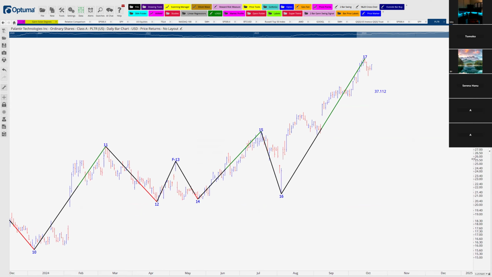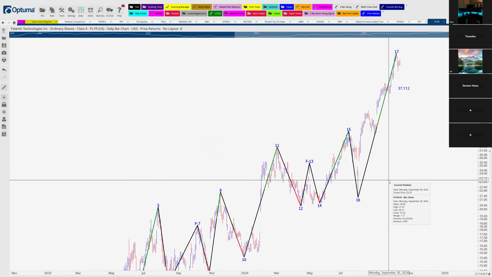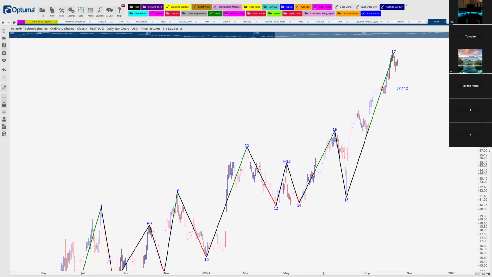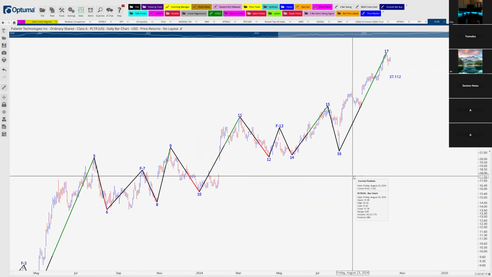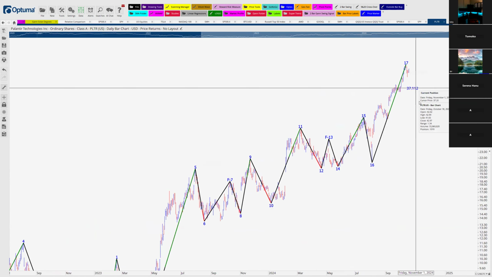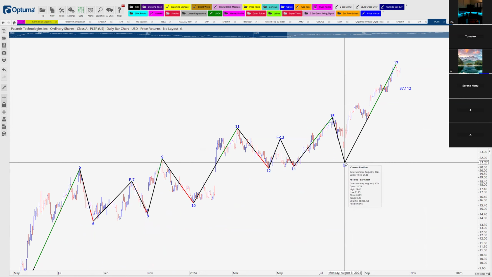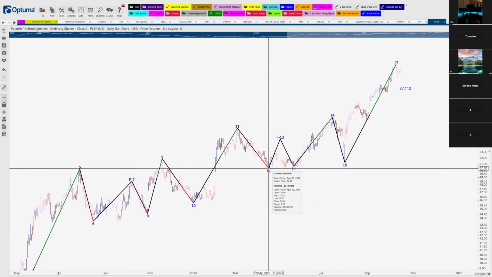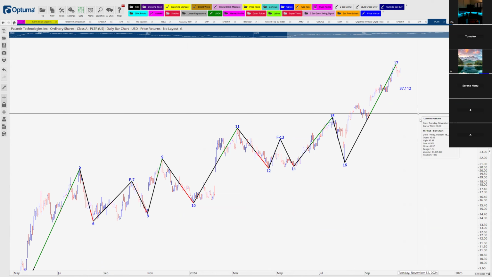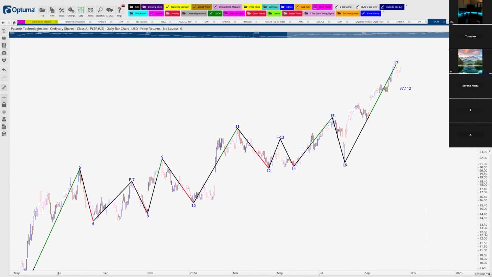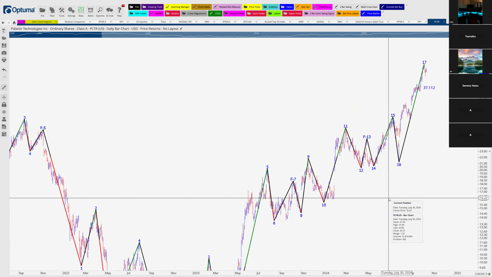But this is insane. It has to take out one of the lows of the previous swing. And you've got the 1, then the 2, and then, you know.